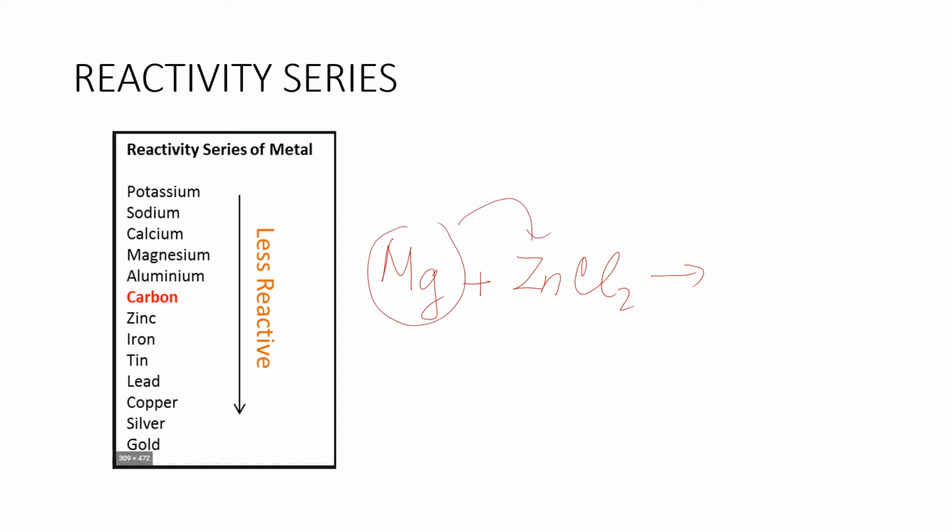So Mg will displace Zn from ZnCl2 to form MgCl2 plus Zn. So Zn is displaced from the salt. This displacement reaction represents the reactivity. When a metal can displace another metal from the salt, it means that metal is more reactive.